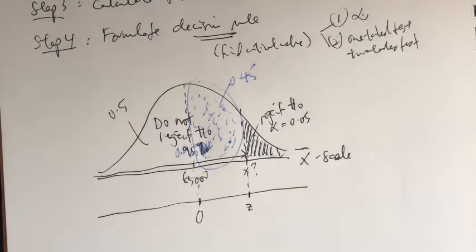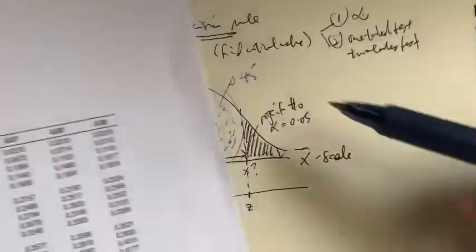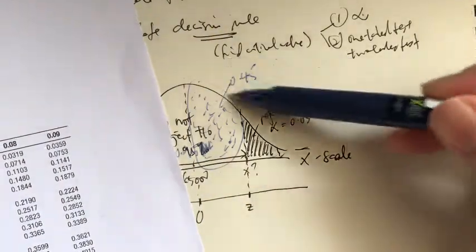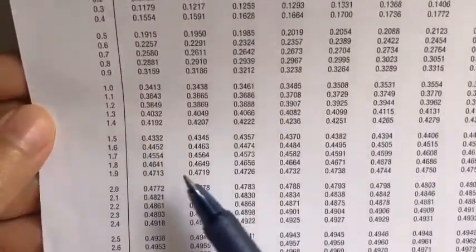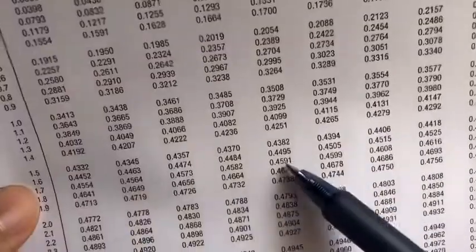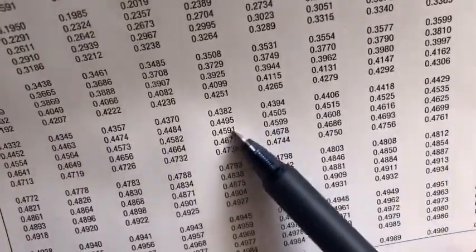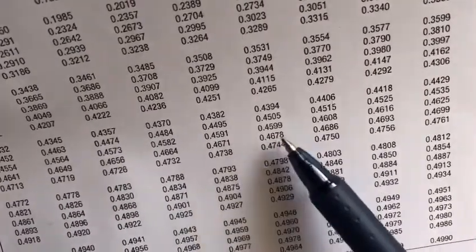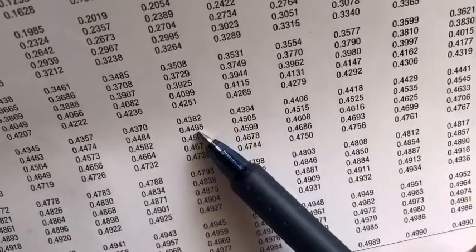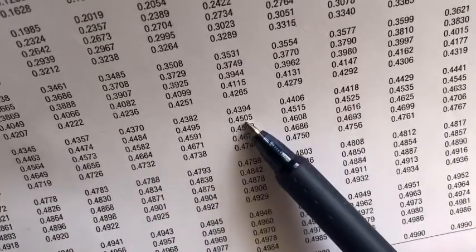So here I have the normal table. Now this 45% is the probability, right? So you need to look inside here. Find the closest value to 0.45. Okay, so here we discover there are two values closest to 0.45, and they are 0.4495 and 0.4505.